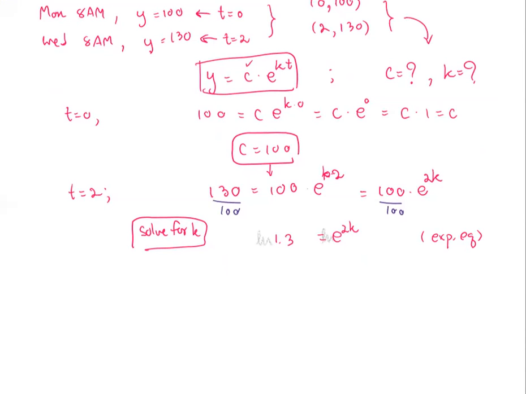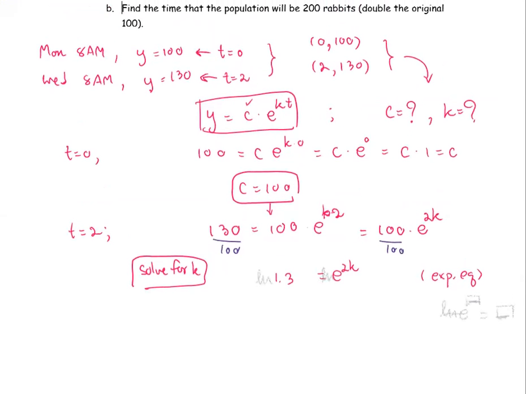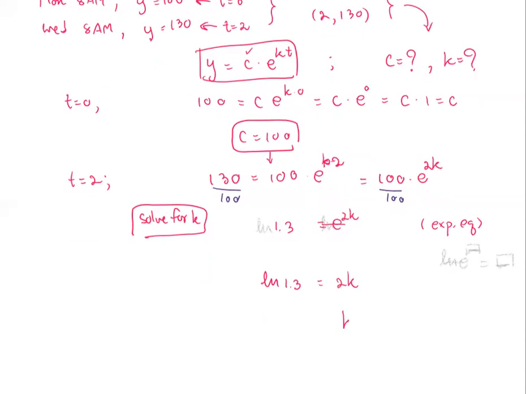We use the property that the natural log of e to the power of a quantity equals that quantity. This is called the cancellation law: the log and e cancel each other. So the left-hand side becomes the natural log of 1.3, equals 2k, or k equals the natural log of 1.3, all divided by 2.